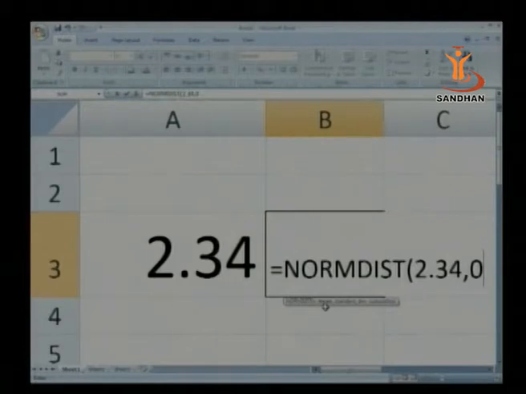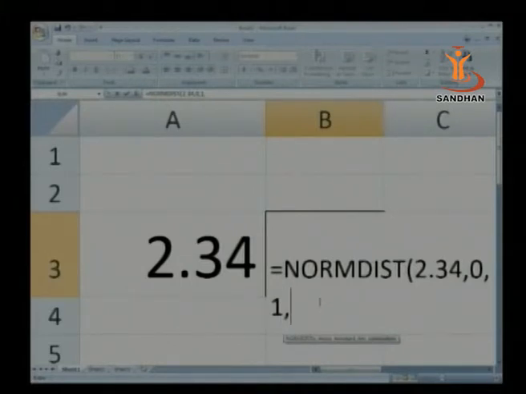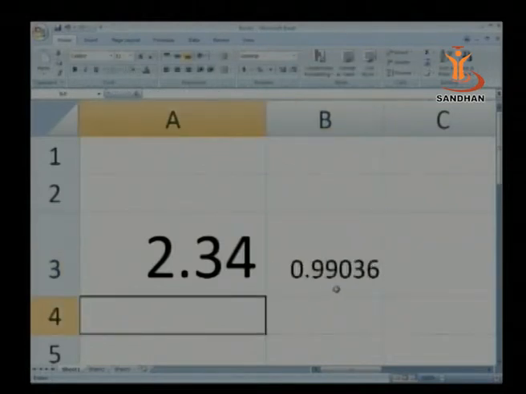Mean is 0, then again comma, standard deviation is 1. So type 1, comma, and type TRUE, and close the bracket, press enter. So here you are getting 0.99036. Clear?